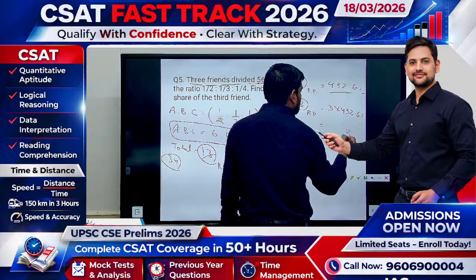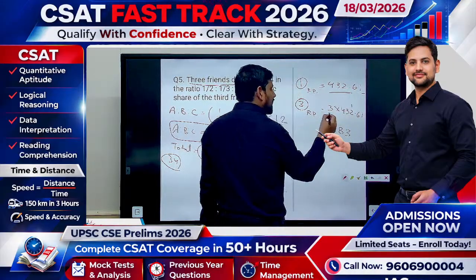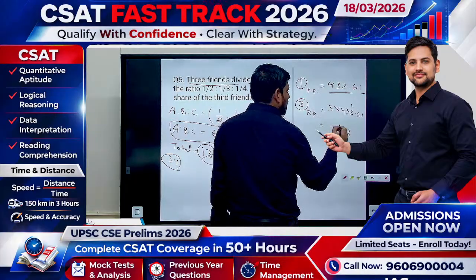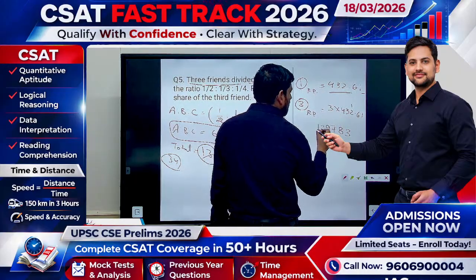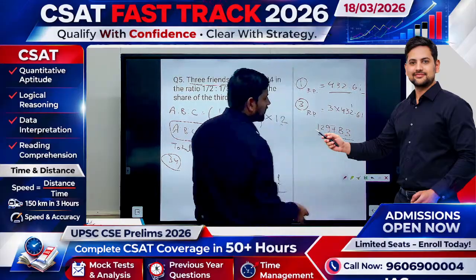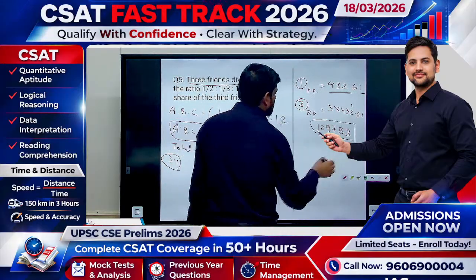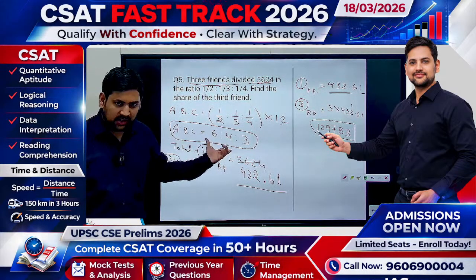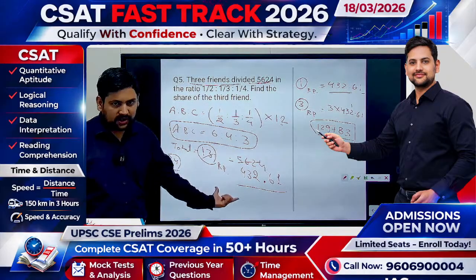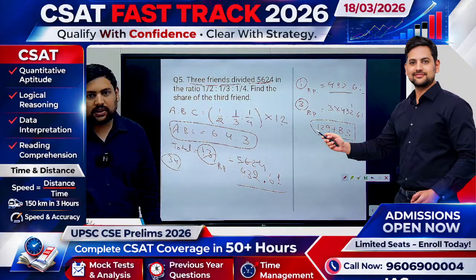What do you get? 3 ones are 3, 6 threes are 18, 1 carry, 3 twos are 6 plus 1, 7, 3 threes are 9, 3 fours are 12. And the decimal after 2. This is the value that you should get. How are you getting whole values? Huh? This is what you should get. Basically, first convert it into these ratios, then find the value of 1 ratio point, and then 3 ratio points.